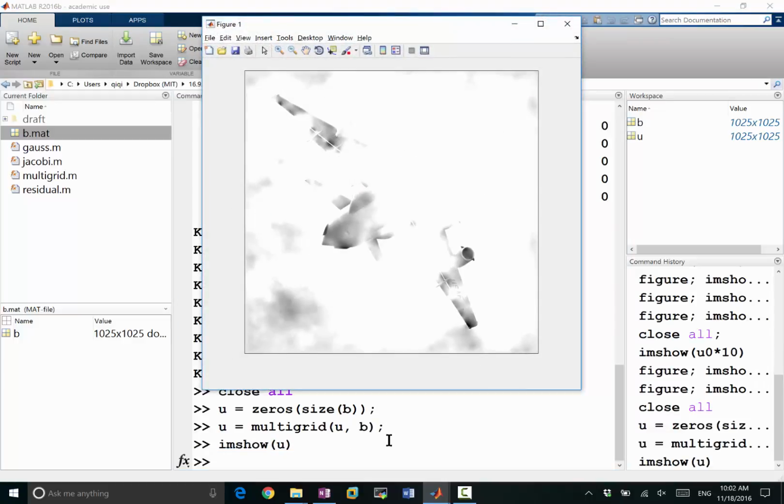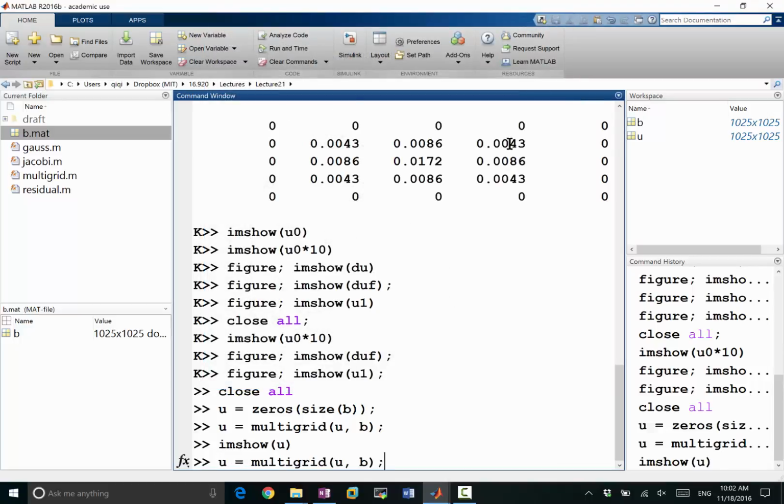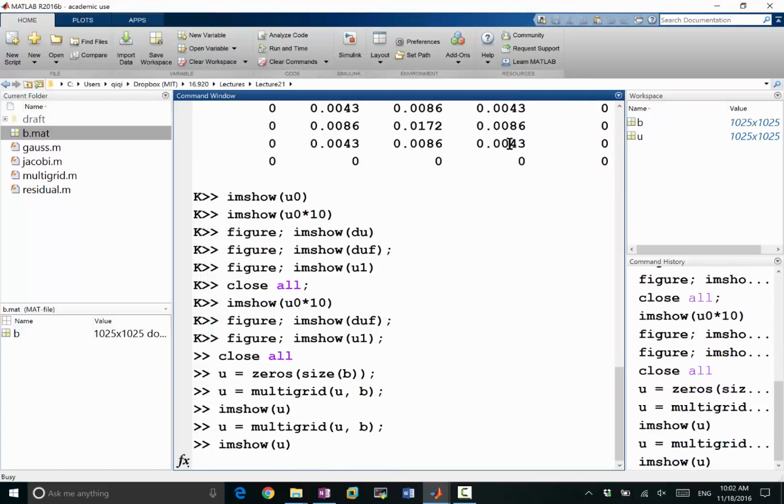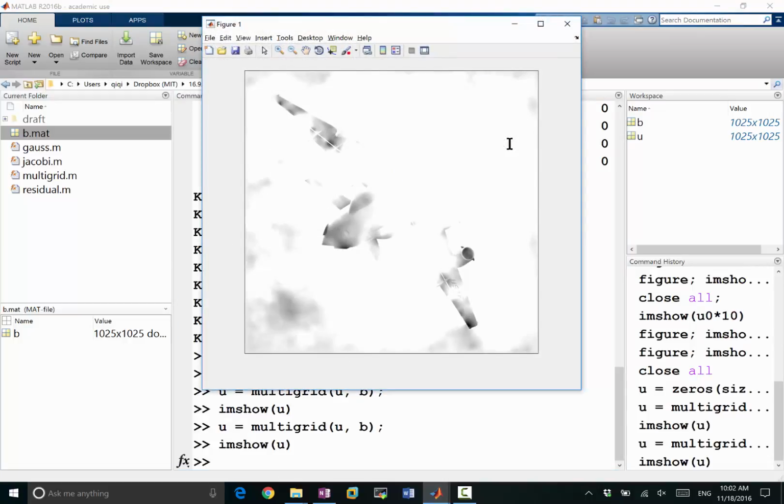We get something that is a little bit less accurate than what we had before, right? Maybe we just performed one iteration. Let's do this again. Doesn't really help, right? So what's happening? Why is Gauss-Seidel working but Jacobi is not working?